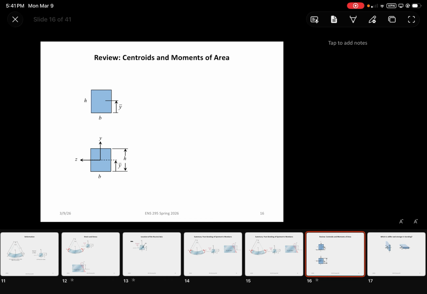Hopefully you guys have seen it so many times. 1 over 12 what? It's not just 1 over 12. BH cubed, right? So there are standardized tables for all of this. So 1 over 12 BH cubed, right?